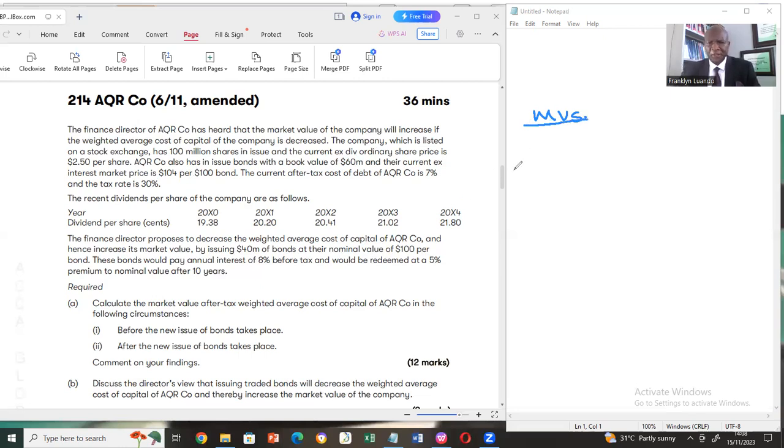Market values will be: market value of equity. There are 100 million shares, multiplied by the price of 2.5. This will be 250. Then market value of debt. We have the book value, 60 million.